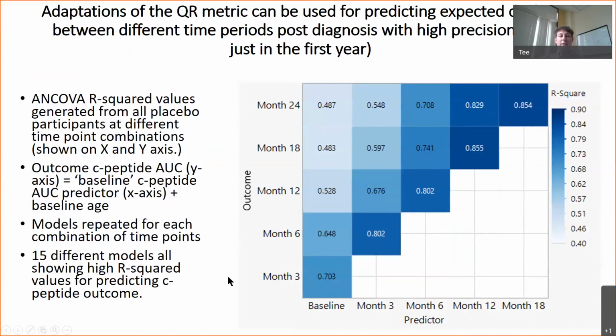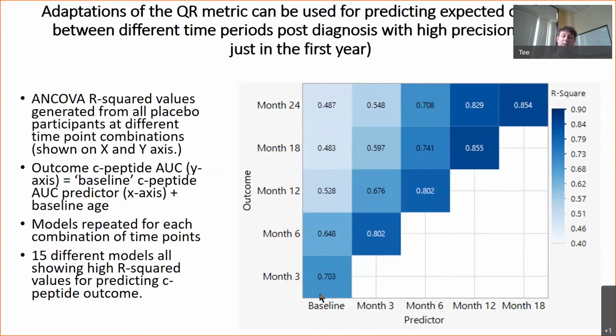So what I'm showing here is a heat map of the R-squared values, which is a measure of the model fit or predictability. And I'm showing the R-squared values for 15 different models. So on the x-axis is the baseline predictor, for instance, where the subject is at the beginning of the study. Is it right after diagnosis, 3 months, 6 months, etc. And then on the y-axis is some outlook in the future.